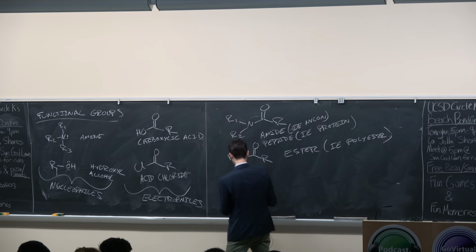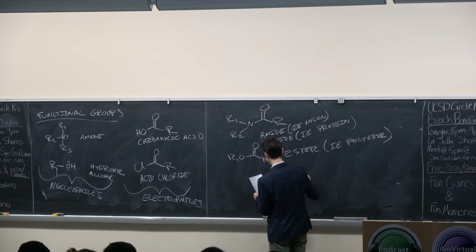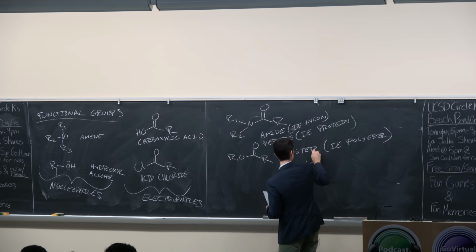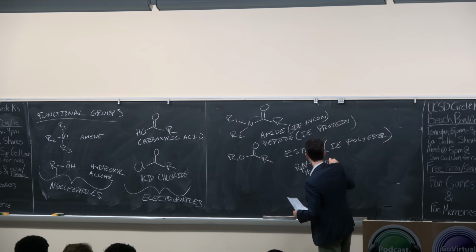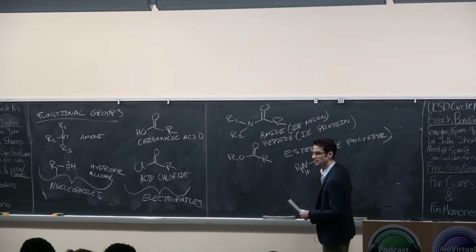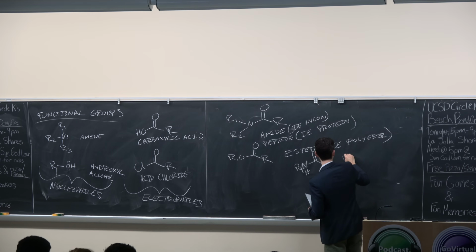And some more, slightly more complicated ones. Something that is an amide on one side and an ester on the other side is called a urethane.